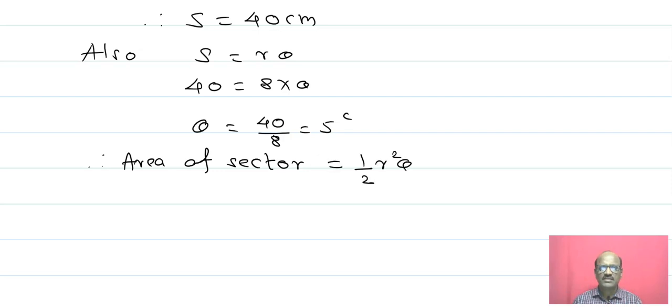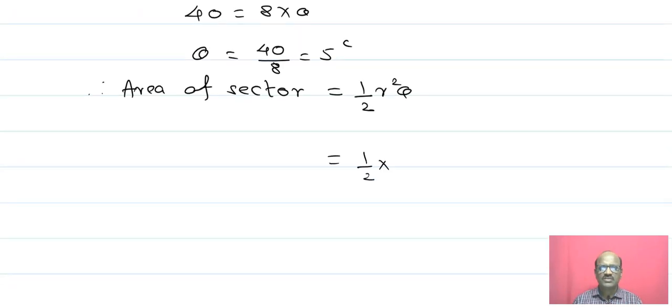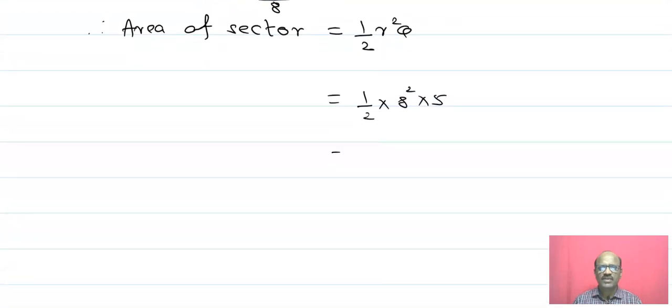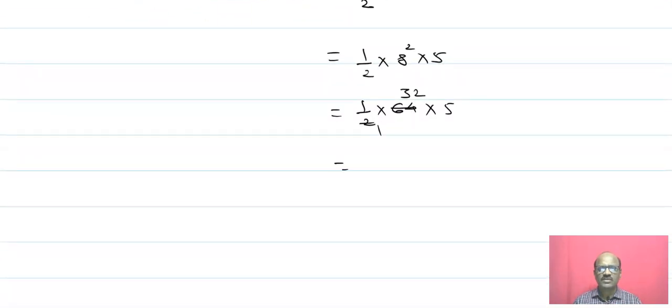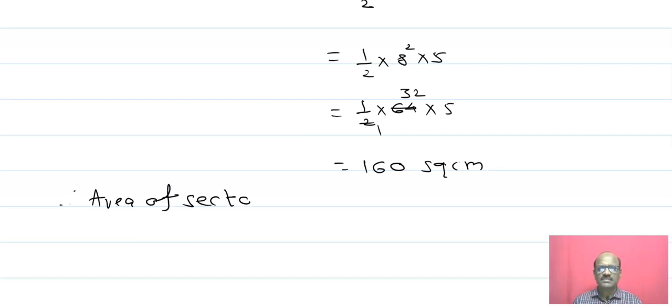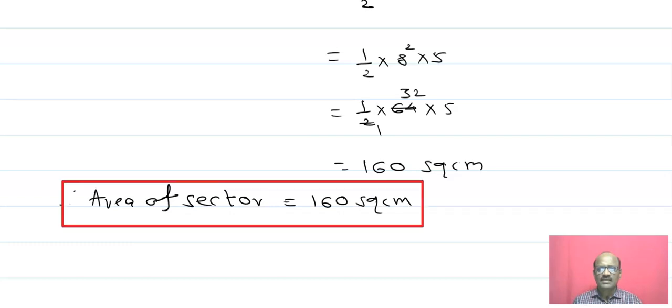That is equal to 1 upon 2 into 8 square into 5 radian, 64 into 5 upon 2, that is 32 into 5, and that is equal to 160 square centimeter.